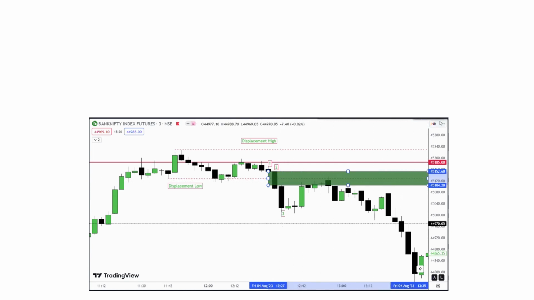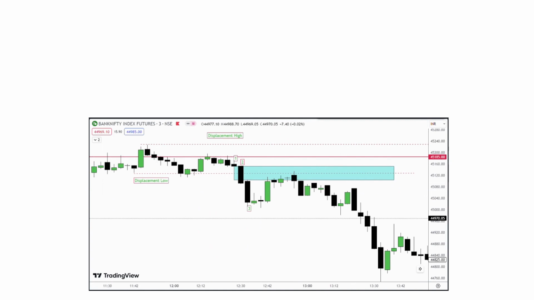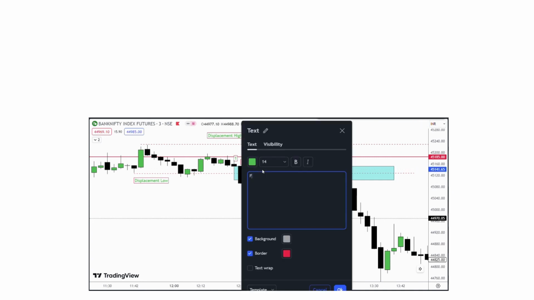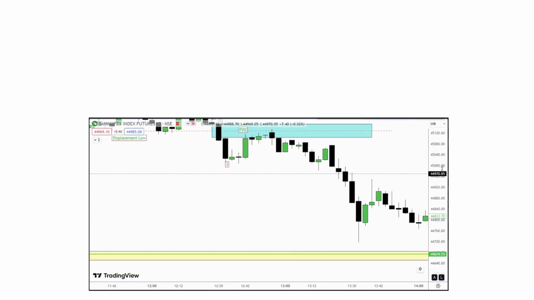This would be our fair value gap, FVG, as I keep mentioning throughout my conversation. This is the fair value gap that was formed on the high, and after marking this, exactly over here is when I shorted the market, and you can see where price has gone.